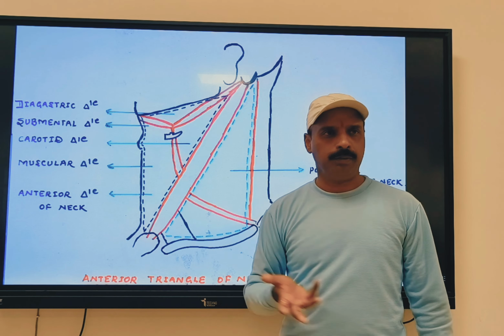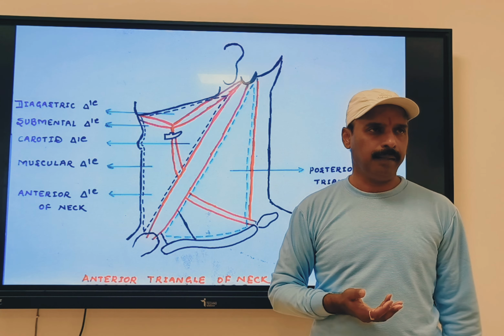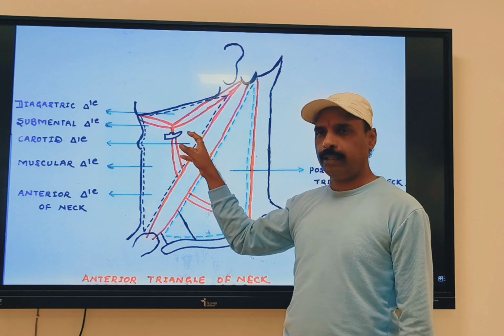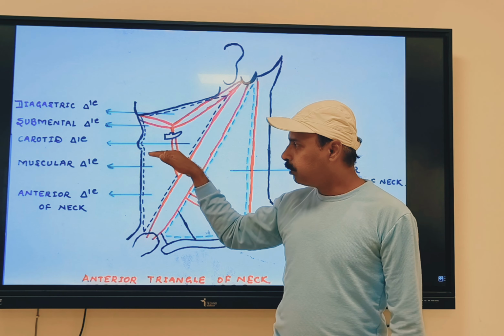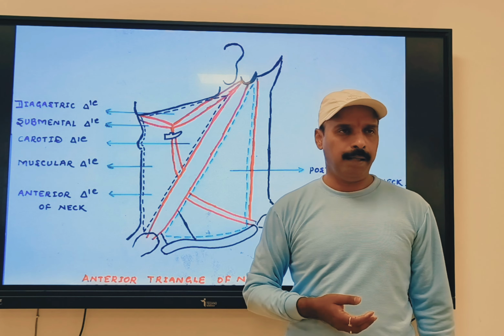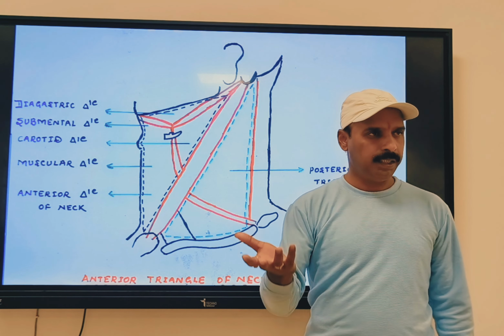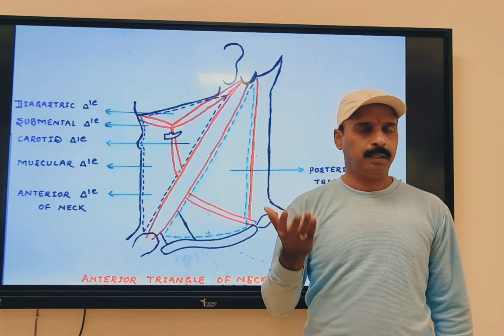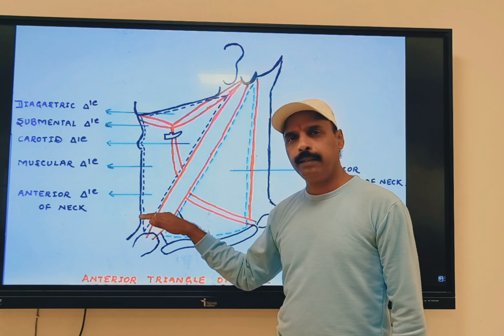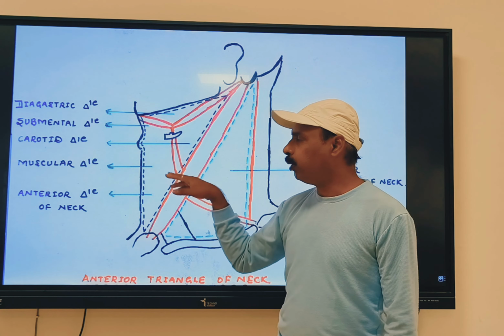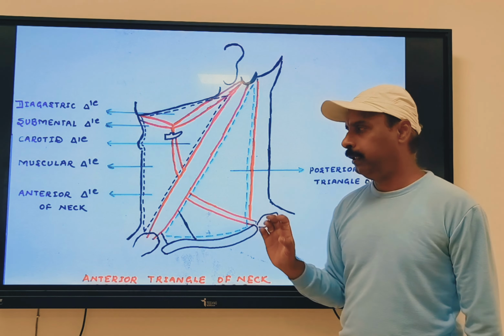The carotid triangle contains the common carotid, internal carotid and external carotid arteries. The muscular triangle contains the infrahyoid muscles: sternohyoid, sternothyroid, thyrohyoid and omohyoid. Those are all contained in the muscular triangle. So this is all about the subtriangles of the neck.